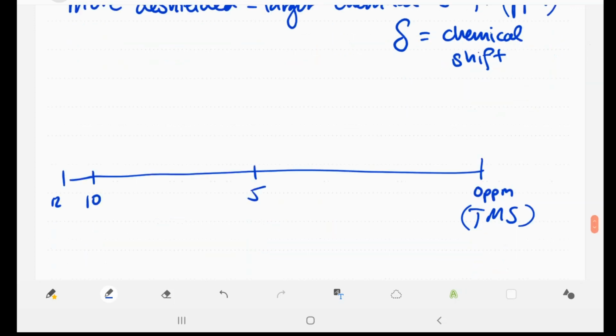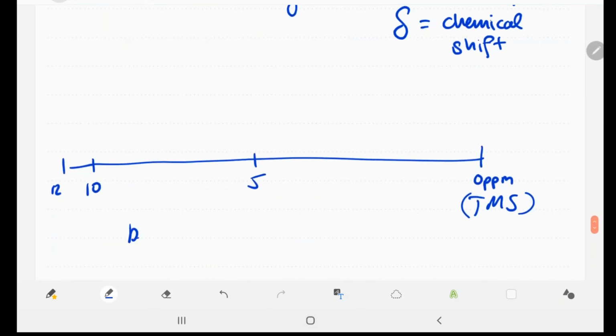So usually we're going between 0 to 12 ppm. The parts per million, by the way, comes from the Hertz values that are associated with these. It's a unitless quantity, but I'll give you an example in just a second.